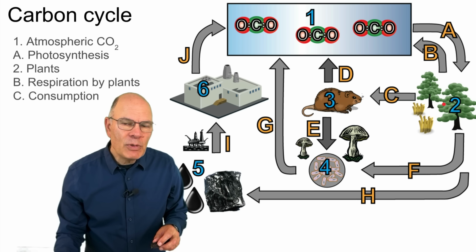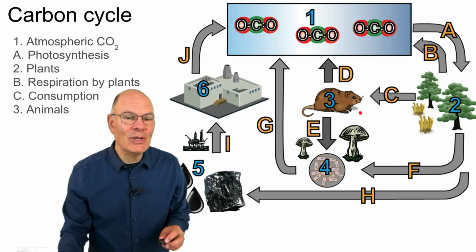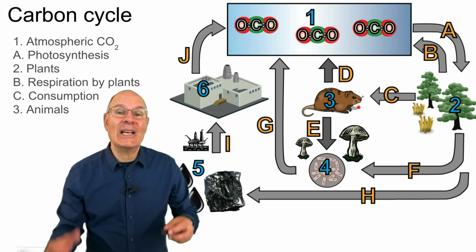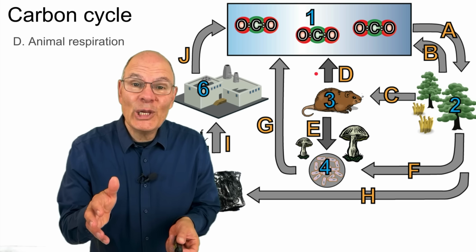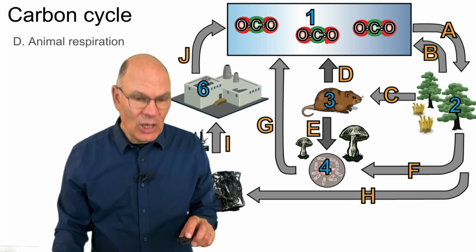But consumption of carbohydrates and other compounds by animals at number 3 will take some of that carbon and move it into yet another reservoir, the bodies of animals. Cellular respiration by animals also returns carbon dioxide to the atmosphere.